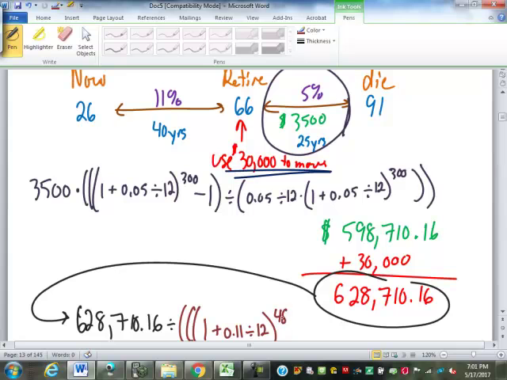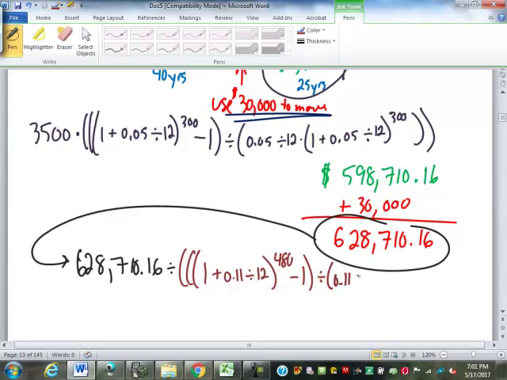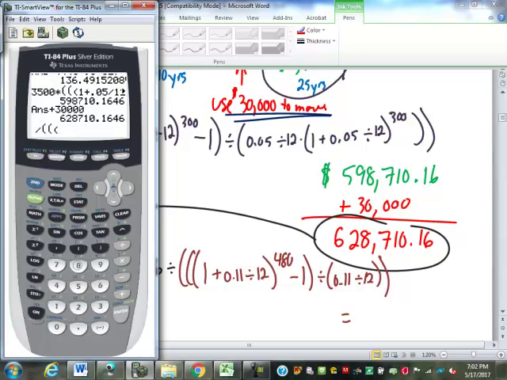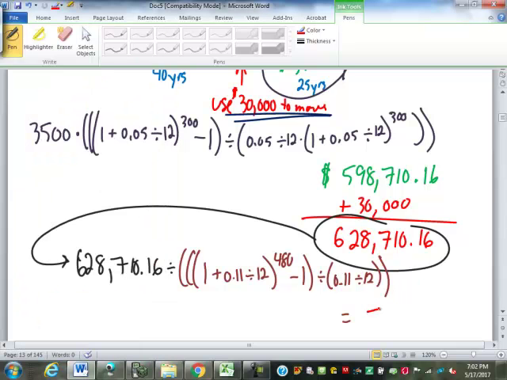So 40 years is 480 months. So yes, we take that amount divided by 3, open parentheses, 1 plus 0.11 for the 11%, divided by 12, close, to the power of 480, minus 1, close, divide by open, 0.11 divided by 12, close and close. $73.10.